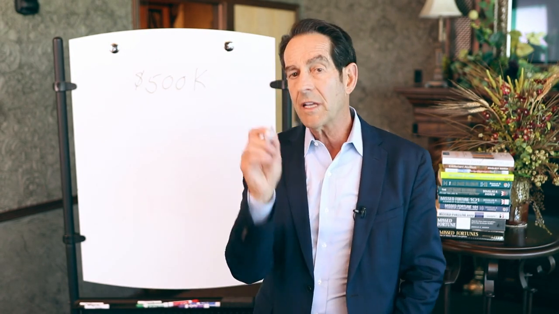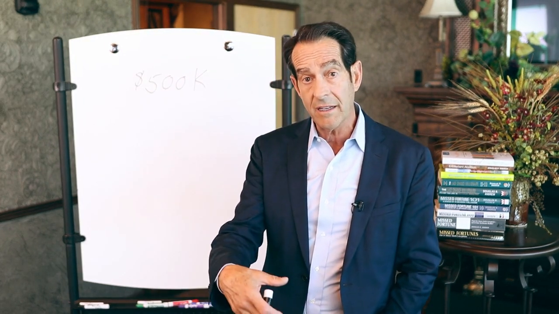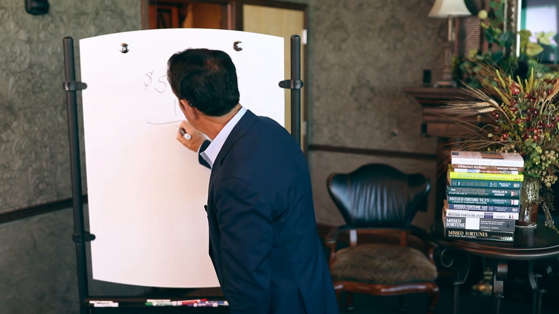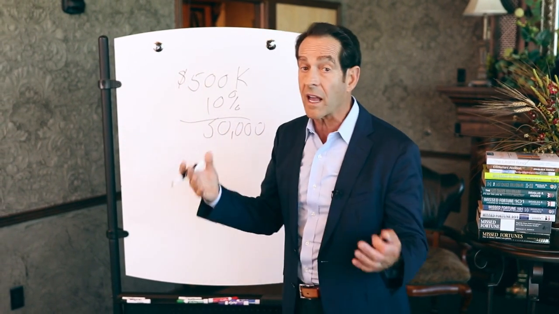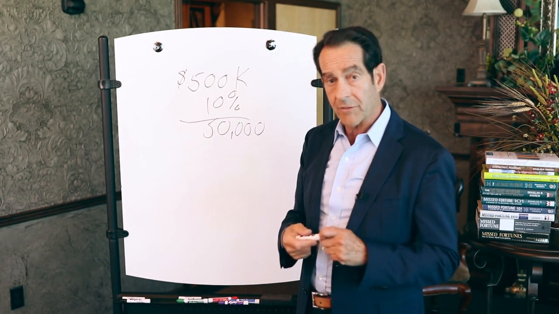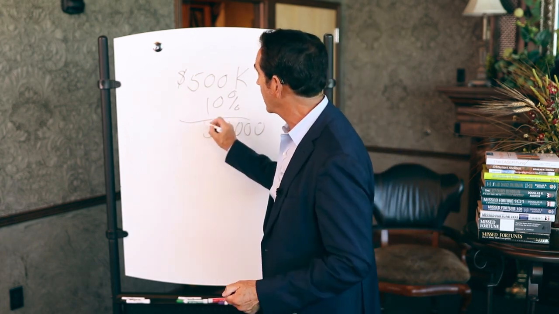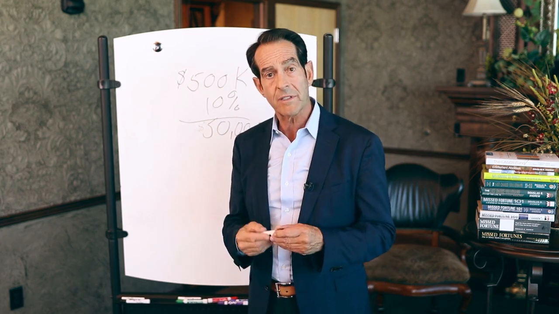But if you're doing it for living benefits instead of death benefits, you throw in 500 grand, and back then, if you earned 11 and netted 10, 10% on $500,000 is 50 grand. So $50,000, okay, of tax-free income. I had clients throw $500,000 into the very first universal life insurance policies, and they hit the ground running, pulling out $50,000 a year of tax-free income, and they've been doing it ever since.